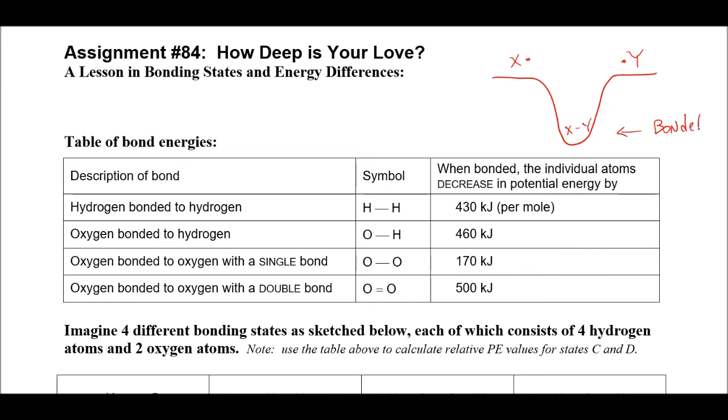And now we're going to do mathematics with this. So here we have some numbers. Each bond, hydrogen bonded to hydrogen, oxygen bonded to hydrogen, has a particular energy associated with it, and that's the depth of the well.